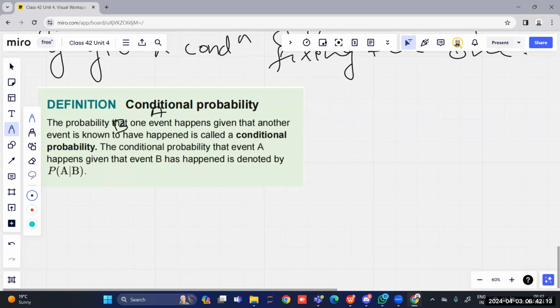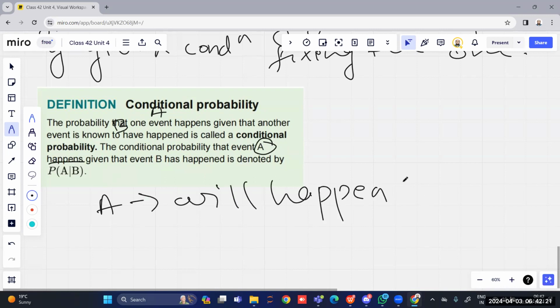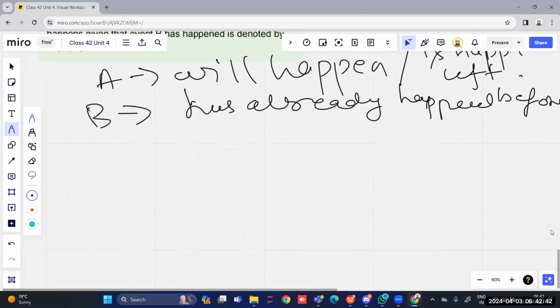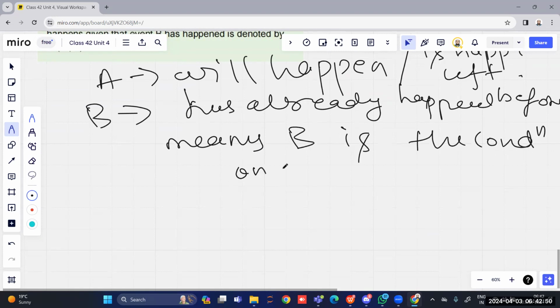A happening means A will take place, and B has already happened before. B is the condition on which A depends.